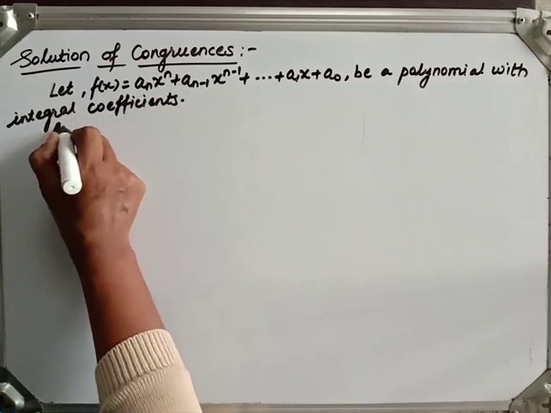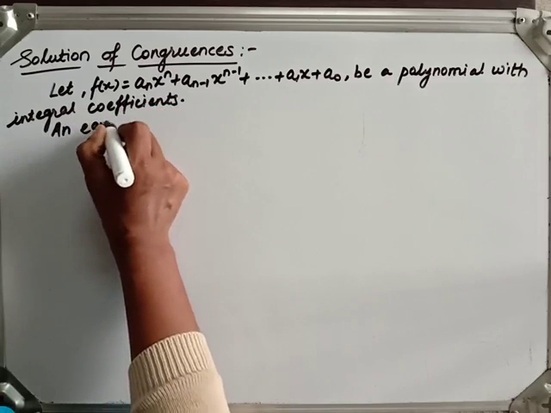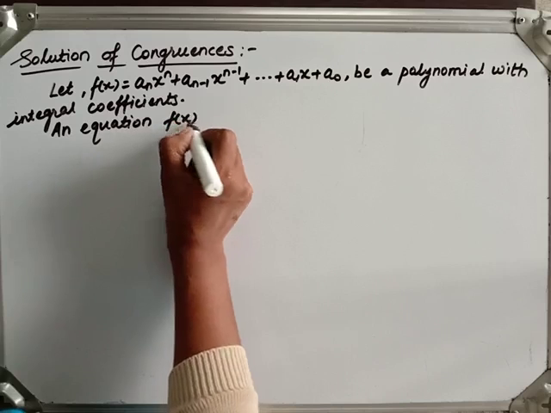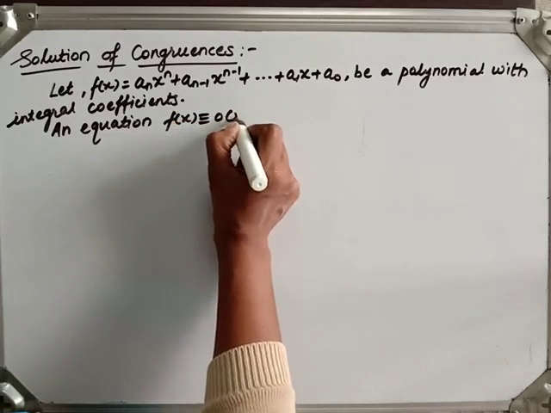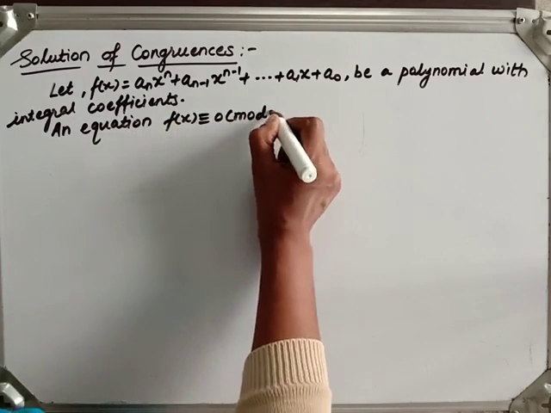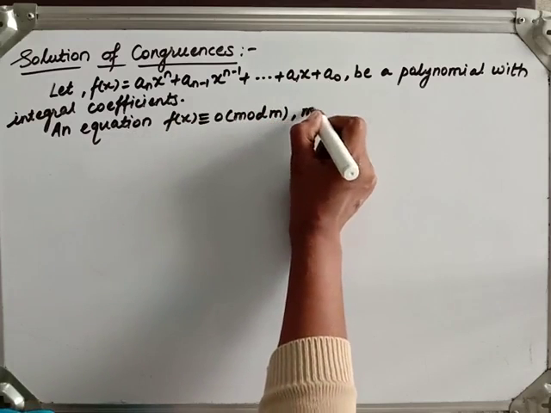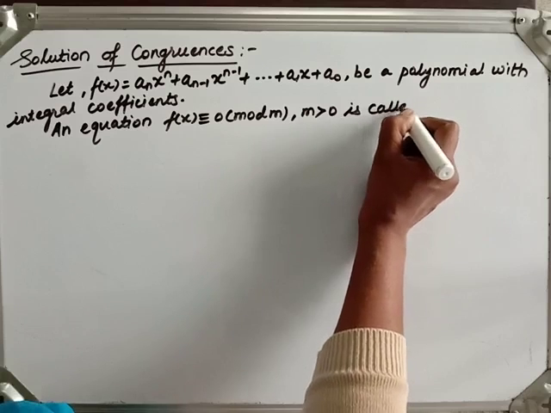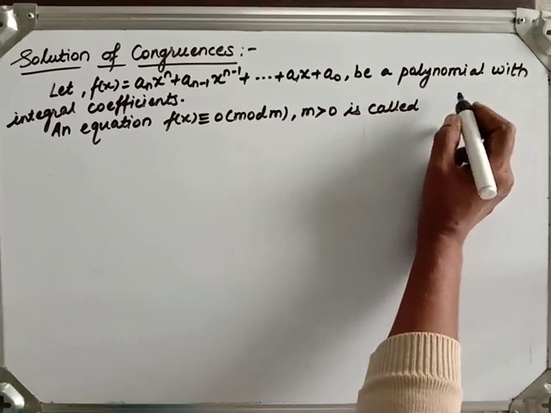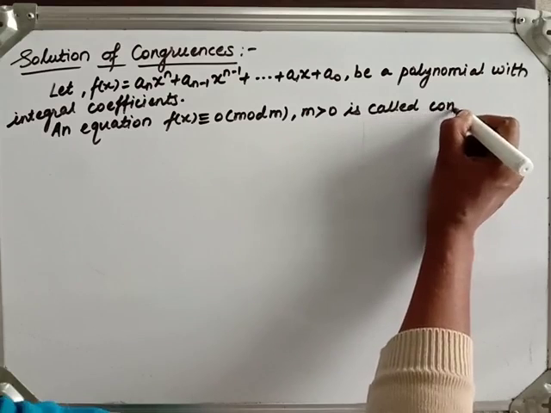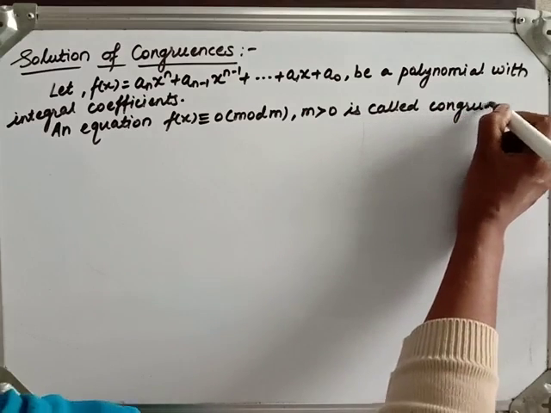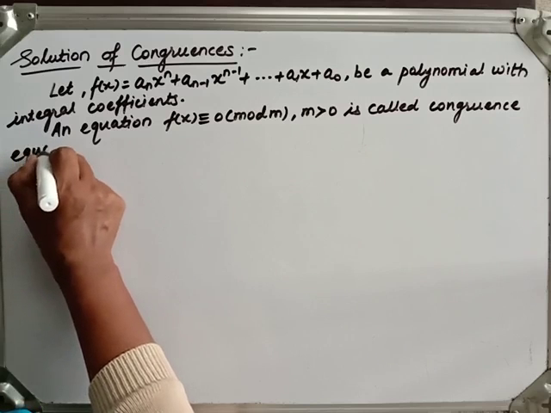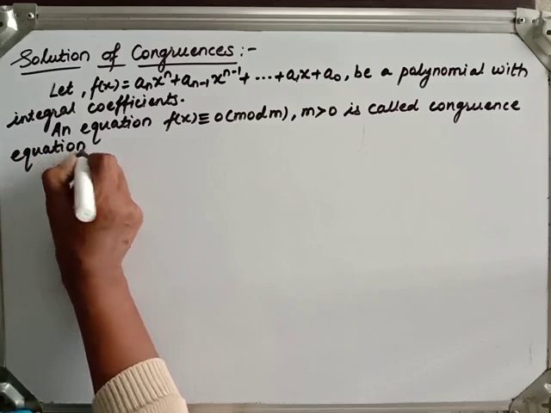An equation f of x congruent to 0 modulo m, where this m is strictly positive, is called a congruence equation modulo m.